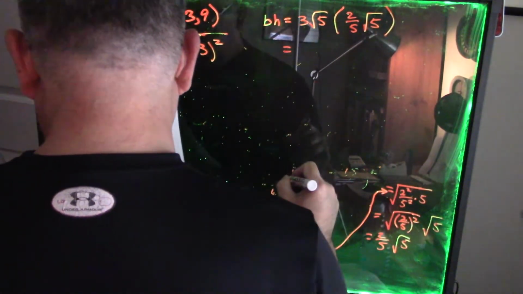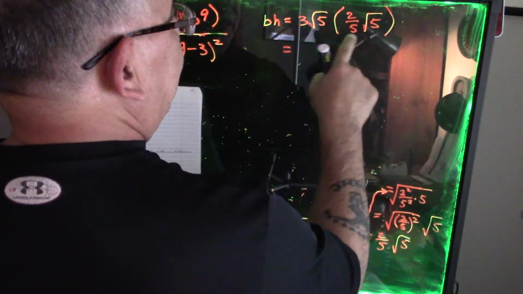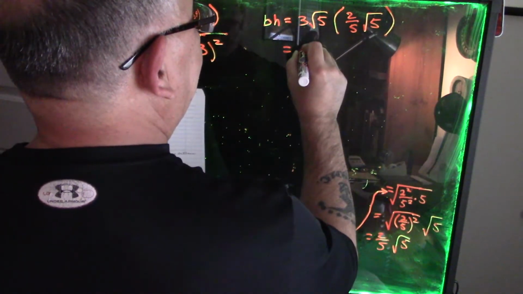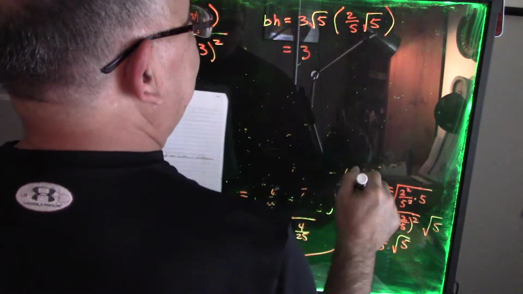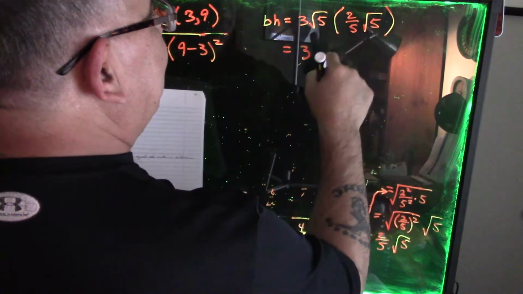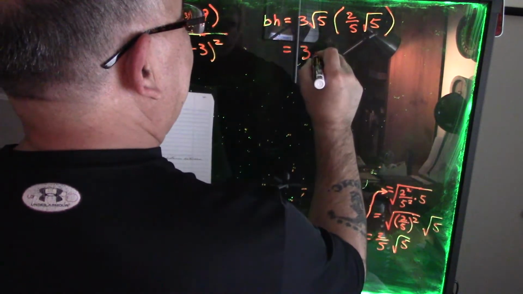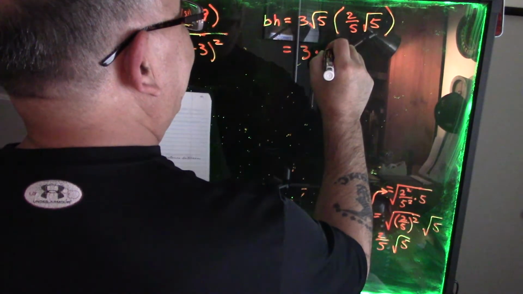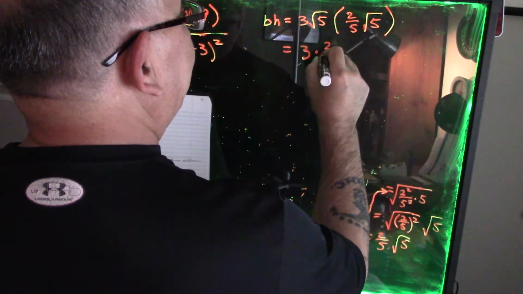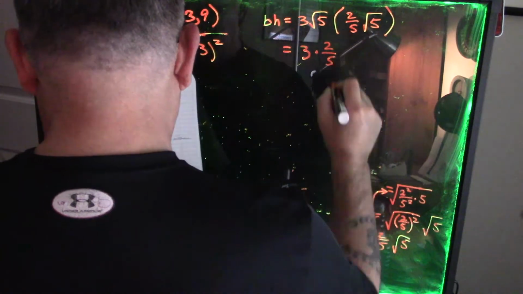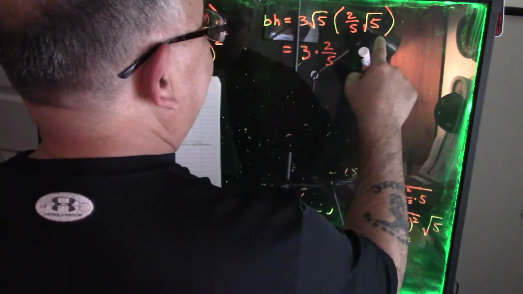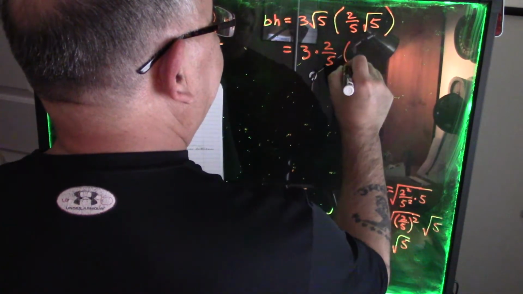So that equals 3, you can move that 2/5 out over here, using the commutative property of multiplication. 3 times 2/5 times square root of 5 times square root of 5, or square root of 5 squared.